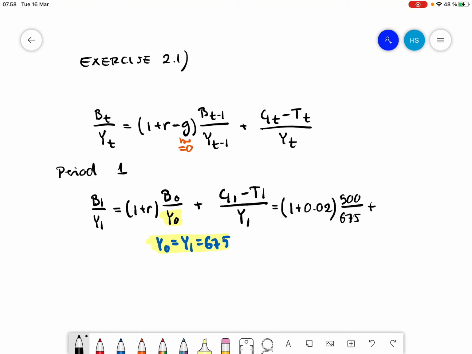So we know that the government initially runs a primary deficit. What does that mean? That means that government spending exceeds taxes. And this we found earlier to be 30. And output is 675. If we calculate this, we get 0.8, which is 80%.